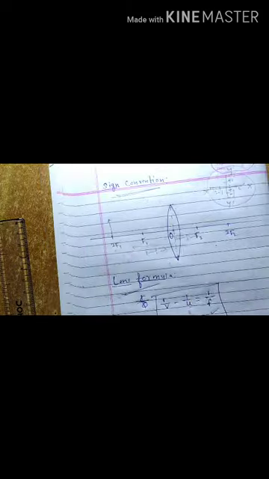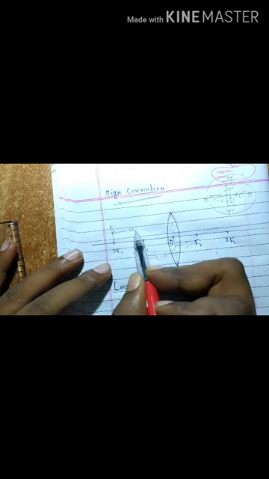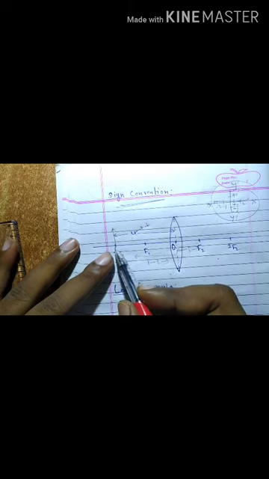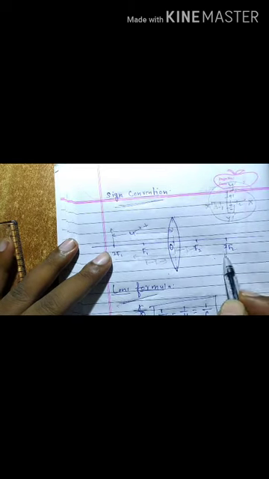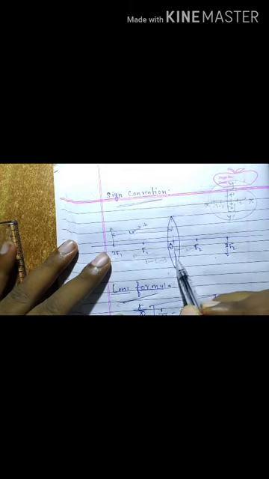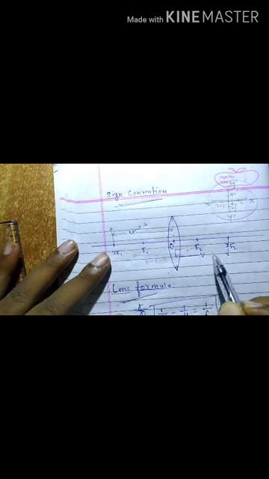In this diagram, this will be your object distance, and it is represented by small u. If the object is at 2f1, the image will be formed here, with the same size. This distance will be v.